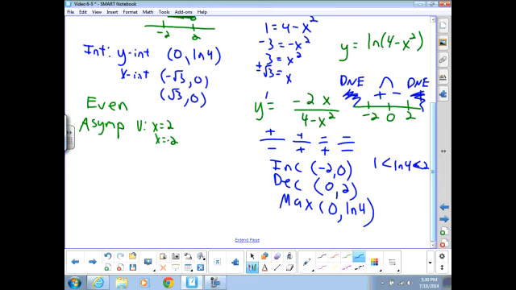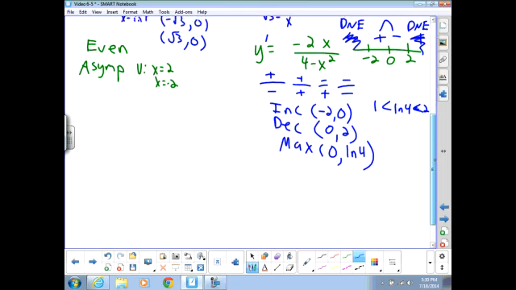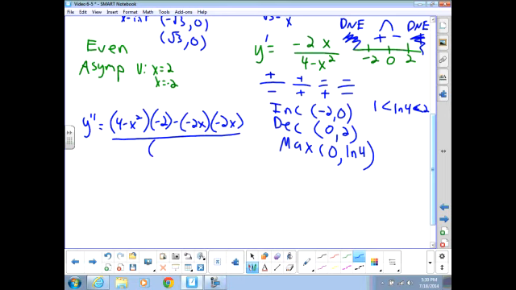We'll now go ahead and take the second derivative. We've got a quotient here, so we'll do low d high minus high d low all over low, low. Distribute the negative 2, we'll get negative 8 plus 2x squared.